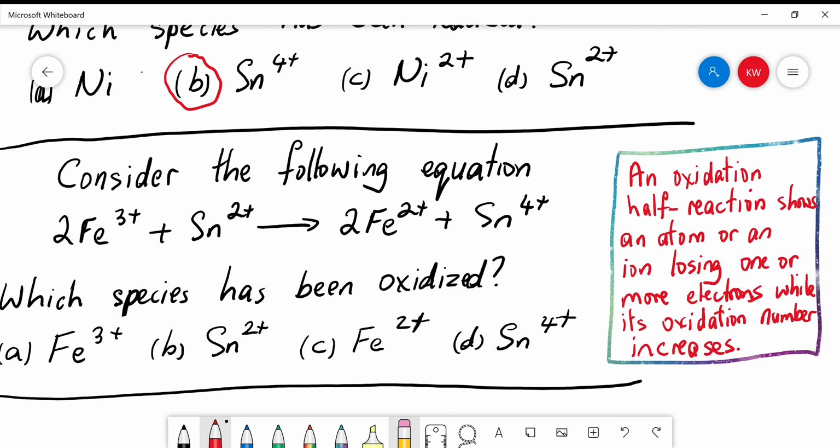Here we consider the following equation: iron 3 plus reacts with tin 2 plus to give iron 2 plus and tin 4 plus. So we're going from 3 to 2. This is a decrease in oxidation number, so this is being reduced. We're moving from a 2 plus to a 4 plus, so this is undergoing oxidation. This is being oxidized. So which species has been oxidized? Sn2 plus.